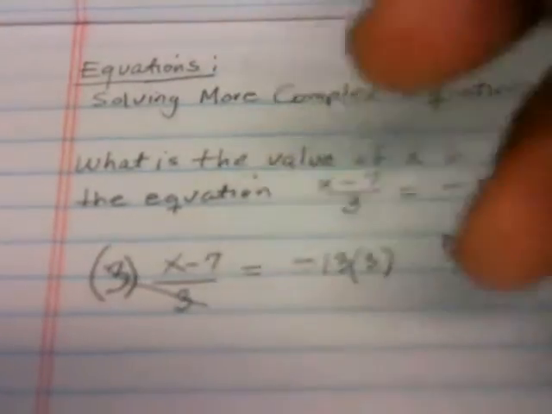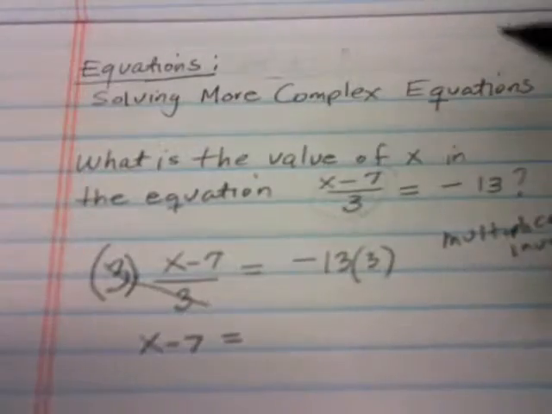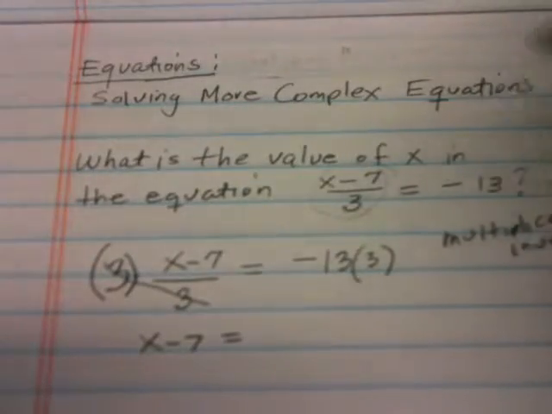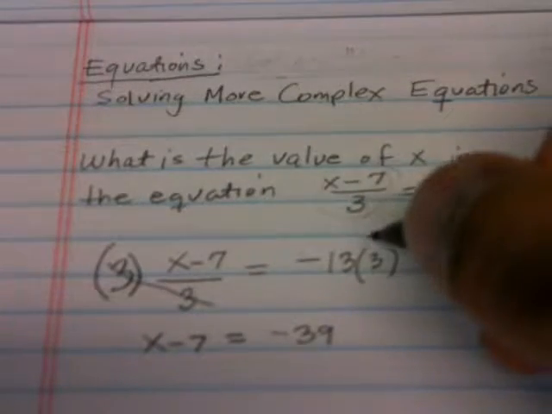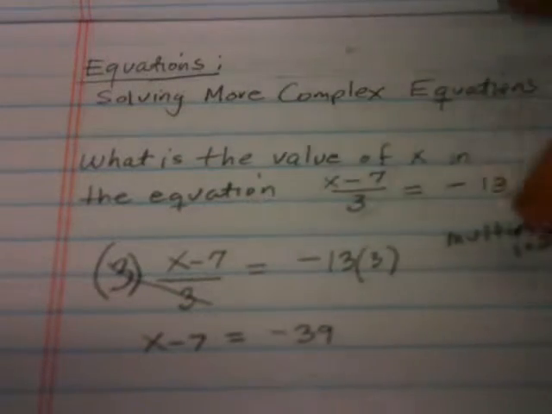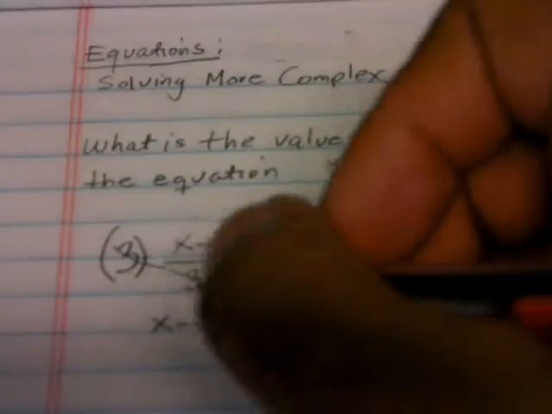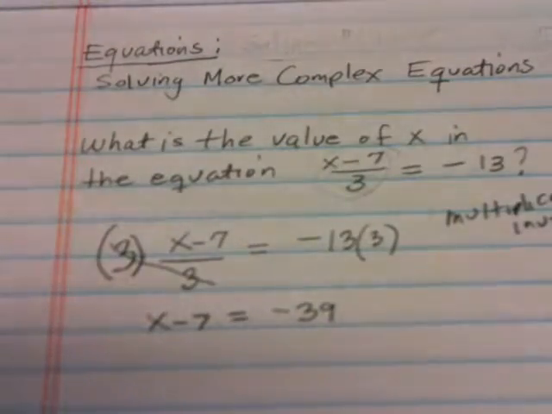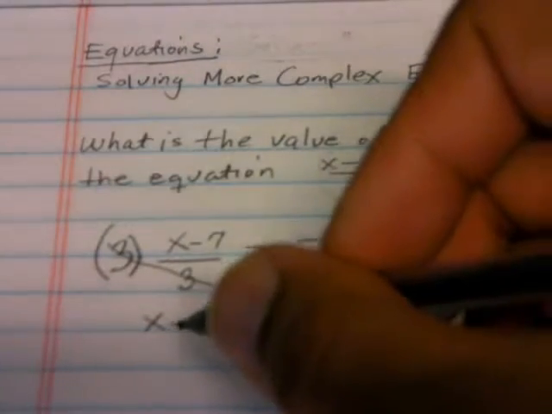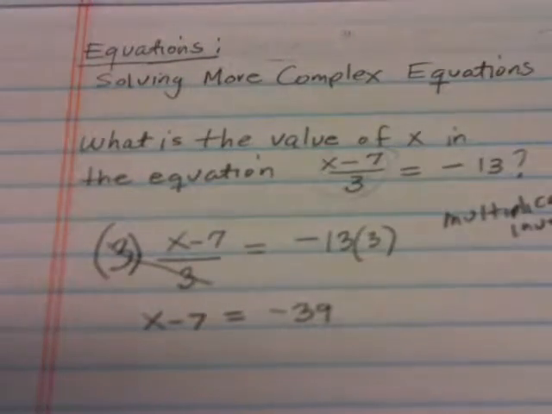So this cancels out, and you have plain x minus 7 equals negative 39, because when you multiply negative 13 times 3, you get negative 39. And then we solve for x. Again, we have x minus 7 equals negative 39.